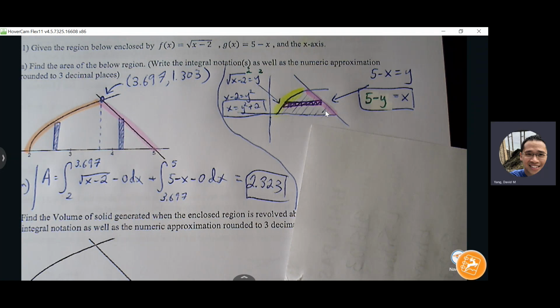Anytime you want to do right minus left, you want to get the rearranged equation. We should use this one, y squared plus 2. You can't just take the original equation and replace the x. That's not the equation that we want to use. We have to spend time to rearrange the equation. We want to use the y squared plus 2.